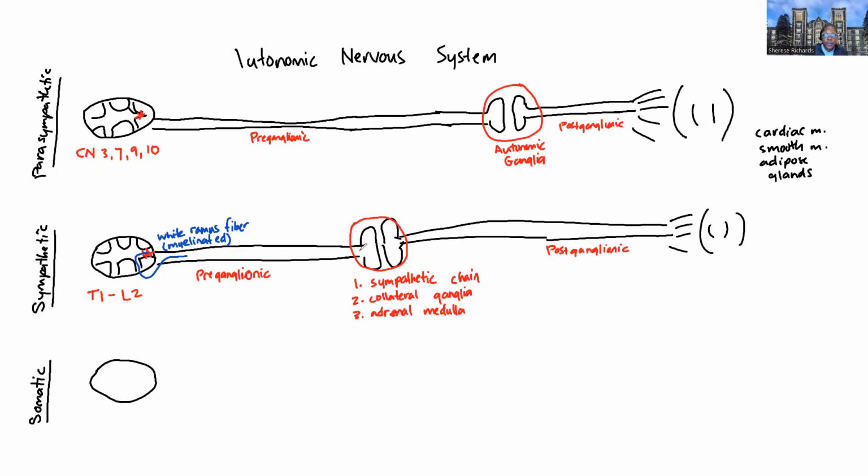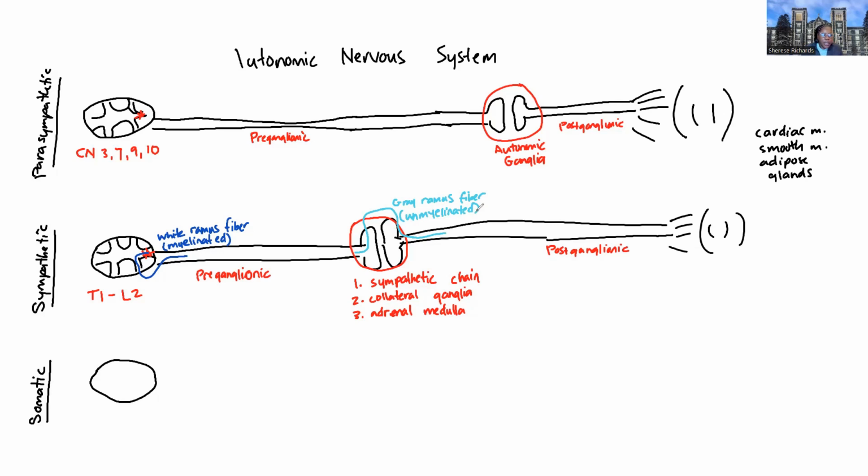So this is now going to leave the preganglionic neuron and re-emerge into the postganglionic neuron. And in this instance, it will be a gray ramus fiber. And it will be unmyelinated. All right.